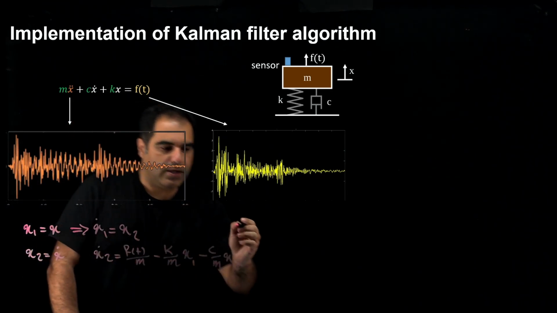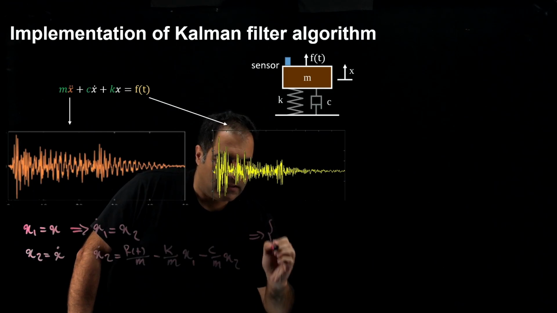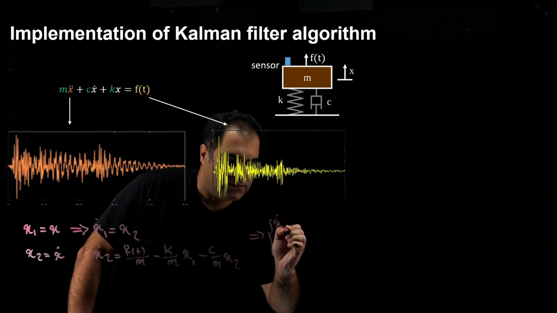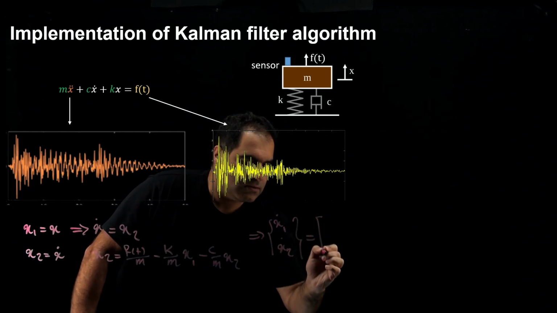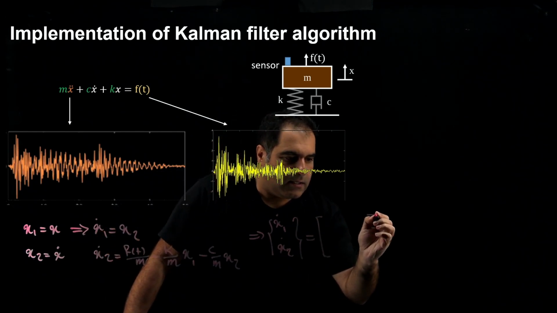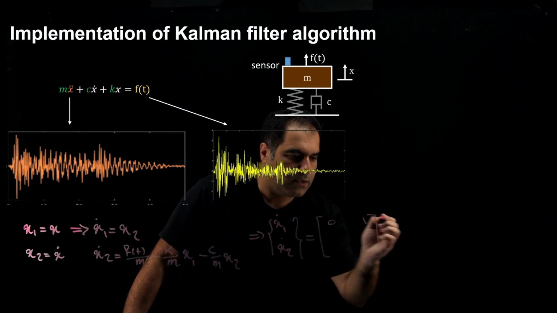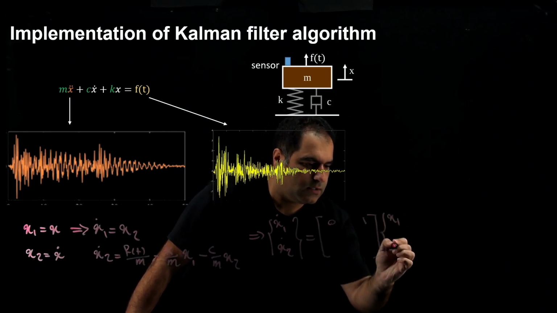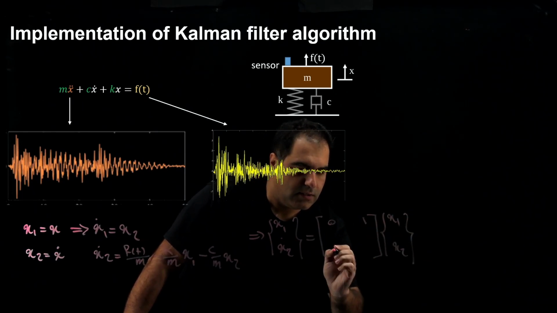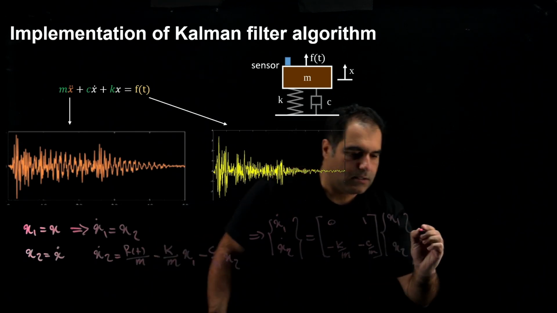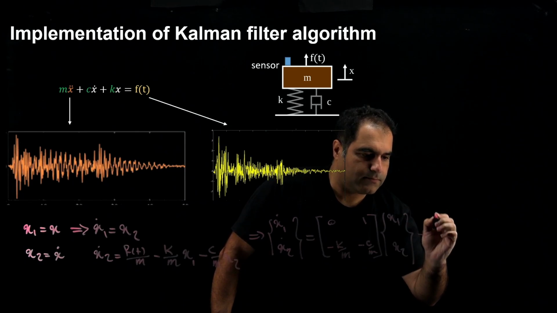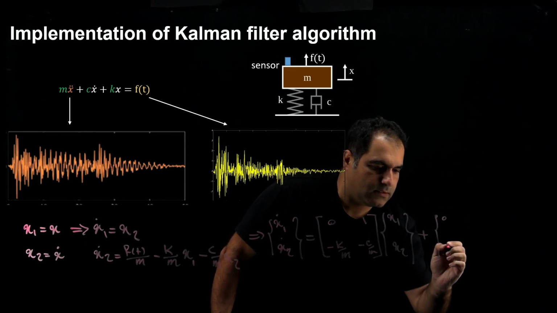Okay, then I can write this as x dot 1, x dot 2 is equal to [0, 1; minus k over m, minus c over m] times x1, x2 plus [0; 1 over m] times ft.